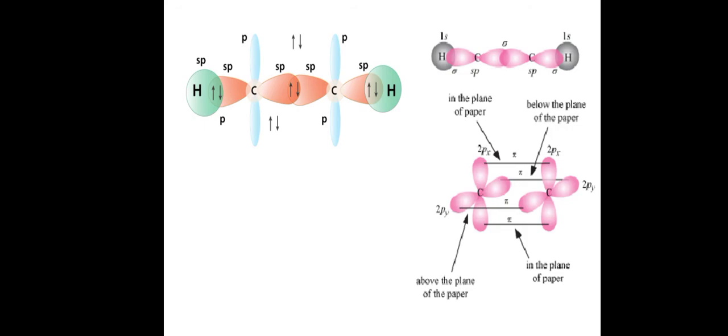One sp hybrid orbital of one carbon atom overlaps axially with an sp hybrid orbital of the other carbon atom to form a C-C sigma bond, while the other hybrid orbital of each carbon atom overlaps axially with the half-filled s orbital of a hydrogen atom, forming a sigma bond.